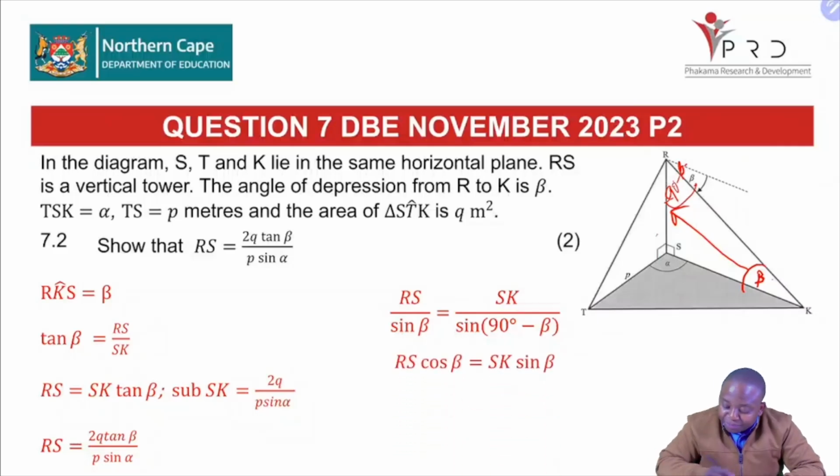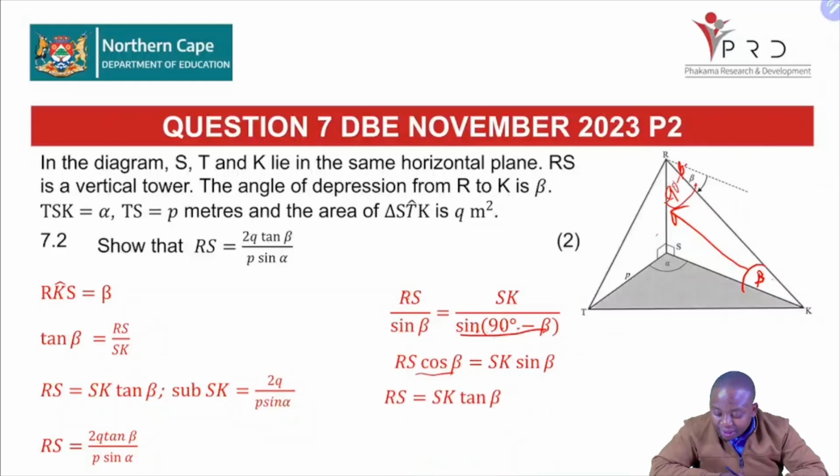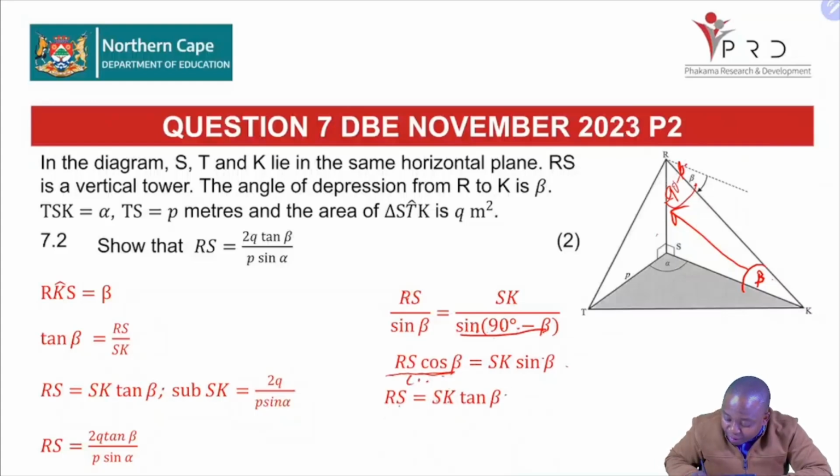Then from here, we proceed. We are going to cross multiply. Then we're going to say RS multiplied by sine of 90 minus beta. Sine of 90 minus beta is the co-function, it becomes cos beta. Then SK multiplied by sine beta in this case. Then I can now divide by cos beta on both sides, and I find RS equals SK tan beta.